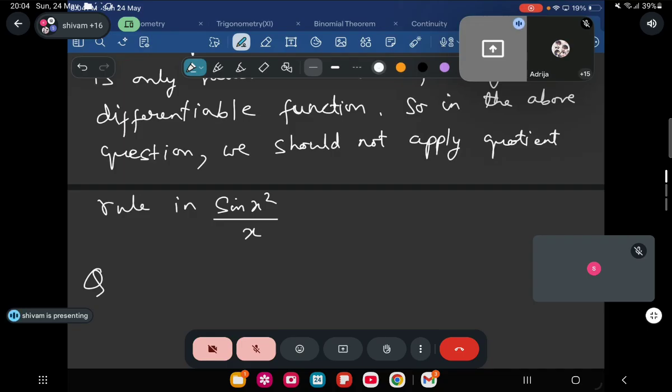Always try to draw the graph or check with the first principle. But whenever it is ln square x and all those things, don't do it with graphs. Check with the first principle. With mod functions you can go on with just drawing the graph. Okay.